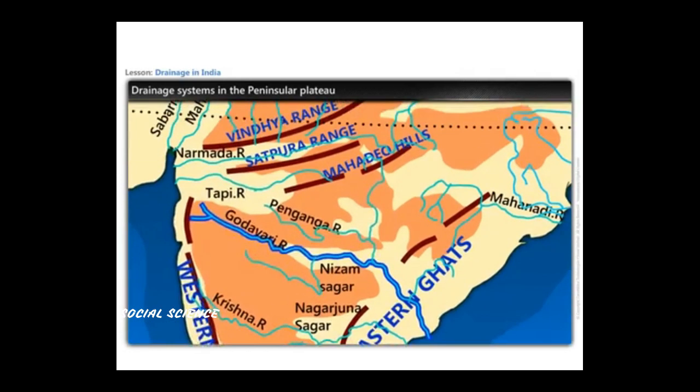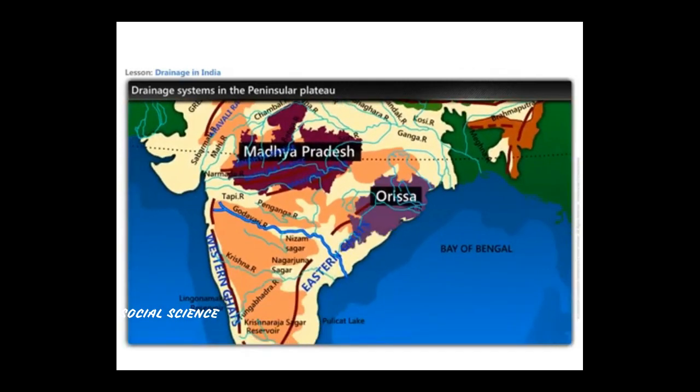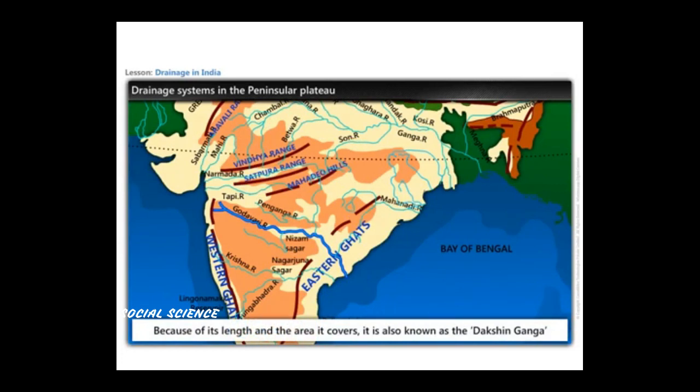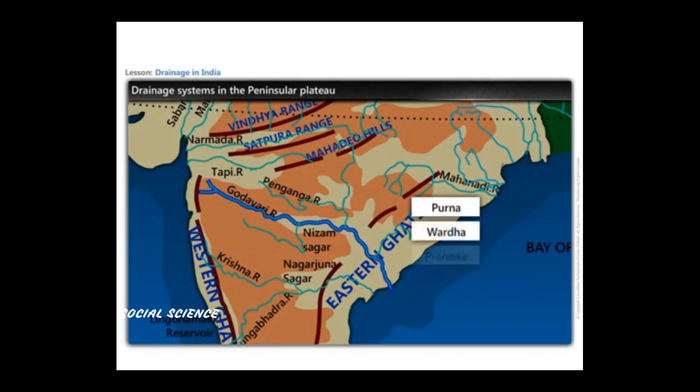About 50% of the basin area lies in Maharashtra. Rest lies in Madhya Pradesh, Orissa, and Andhra Pradesh. Because of its length and the area it covers, it is also known as the Dakshin Ganga. Some of the tributaries of Godavari are the Purna, the Vardha, the Pranhita, the Manjra, the Vainganga, and the Penganga.